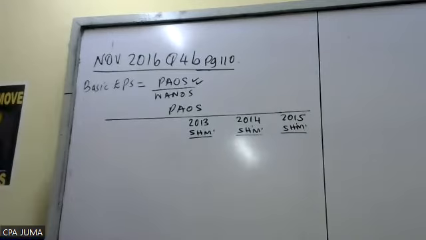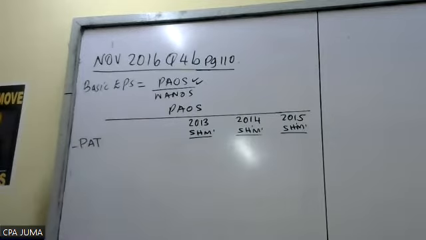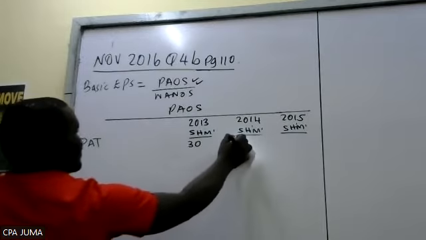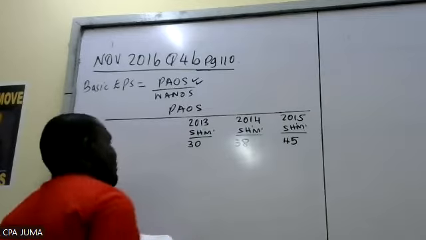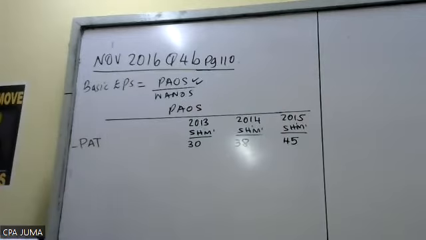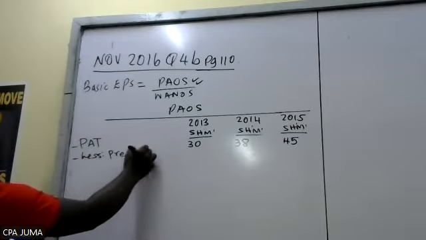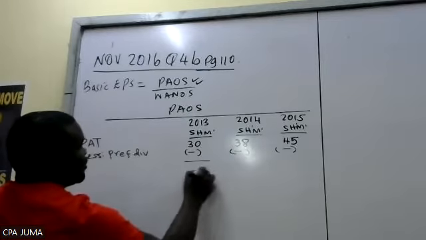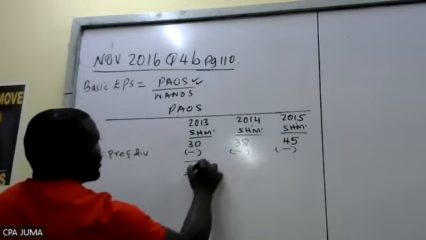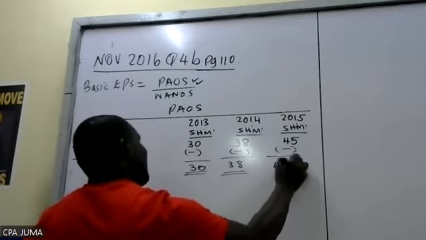So profit after tax. The reported profit after tax is 30, 38, then 45. There were no preference dividends, otherwise I would have subtracted. Preference dividend was not there. Therefore, profits are 30, 38, 45.